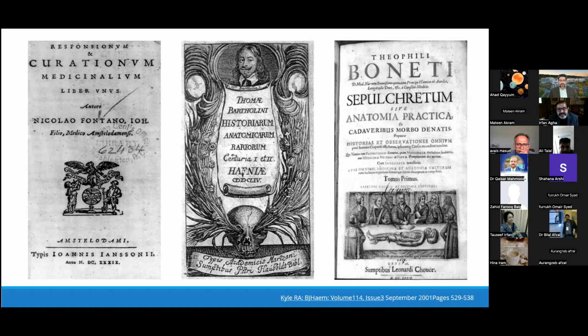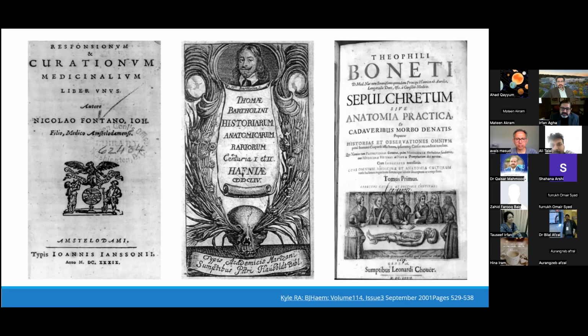And both of these cases actually show up in a 17th century manuscript, the Sepulchretum of Practical Anatomy by Bonet. And this was put together in 1679. So physicians even at that time knew that there's this disorder, but it was very poorly described after that.